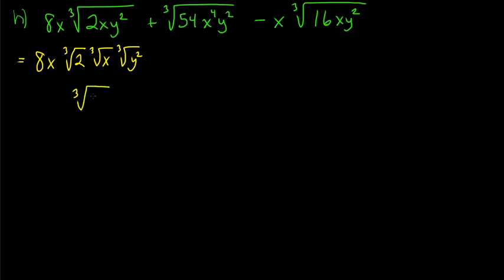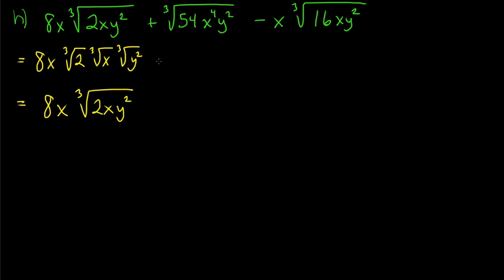If you have the cube root of x cubed, of course that's just x. If you have the cube root of, let's say, 4 cubed, that would just be 4. But we don't have any of that here. So in the end, there's really nothing to do here with the first term. We'll just leave it as 8x times the cube root of 2xy squared.